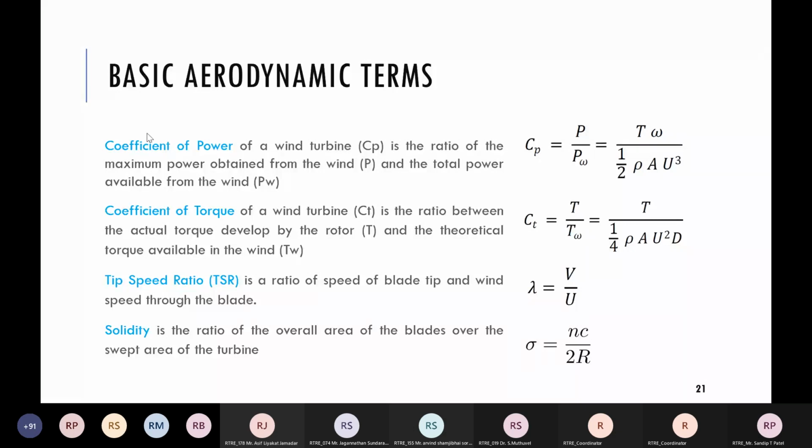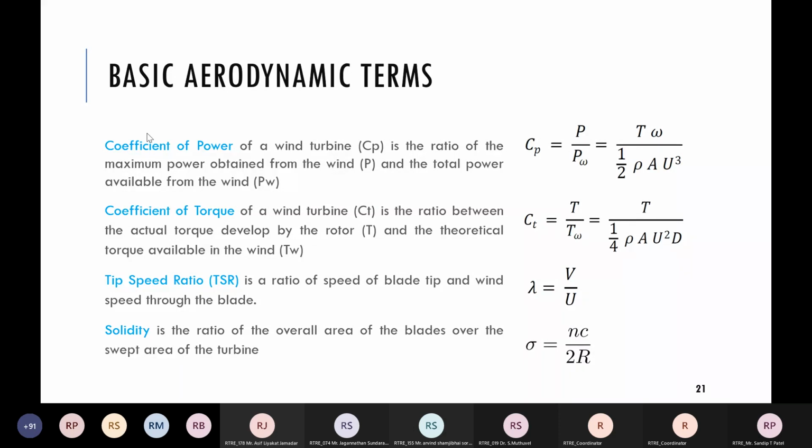Similarly, the coefficient of torque is nothing but the ratio of torque developed by the rotor divided by the torque available in the wind. The third important quantity is TSR, the tip speed ratio. In order to compare the behavior, we compare CP against the TSR. So what is tip speed ratio?